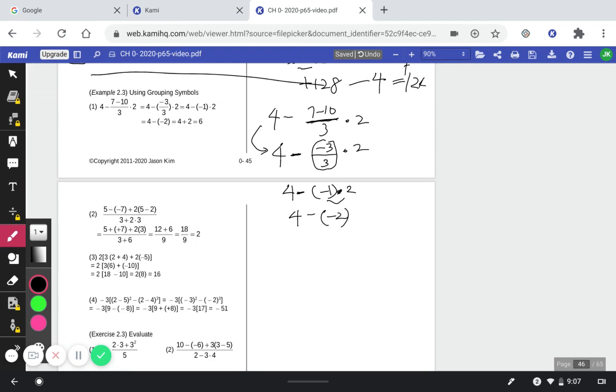It is always a good idea to separate by parentheses, showing that that's one result. Now 4 minus negative 2, you do keep change, that turns into 4 plus 2. So that's 6. This is complicated, but you can do it.